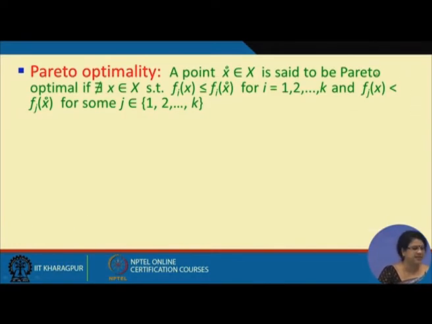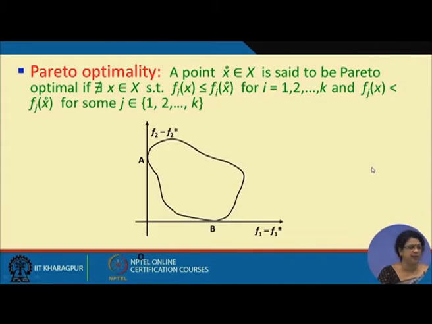Now, if I summarize and say something about Pareto optimality, there is a function. This is the domain of the function, there are two functions, two criteria, we are optimizing both, minimizing both f1 and f2, and this is the feasible space where an infinite number of alternatives are there.